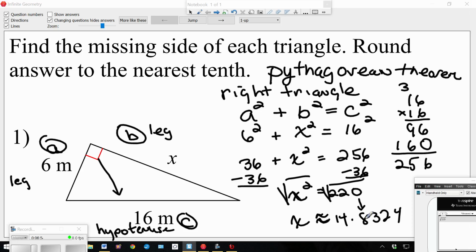If I want to round that, I look to the right, and I see that there's a 3. If this number is 5 or above, I'll round up to 9. If it's 4 or below, it stays. So this is going to stay. x will approximately equal 14.8, and they're meters, so I write meters.